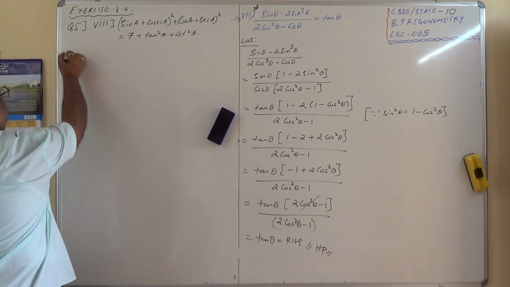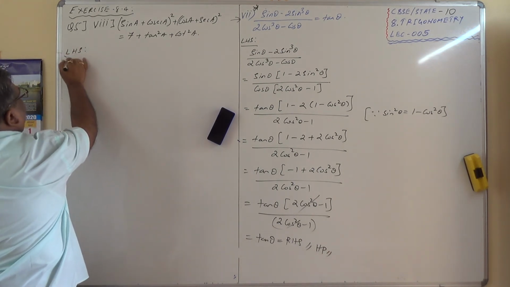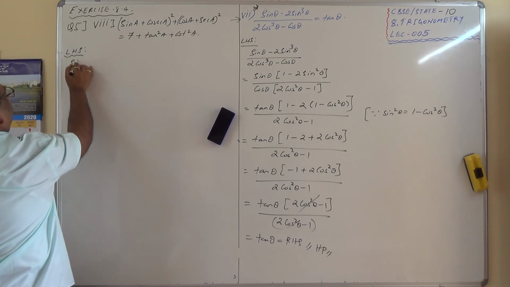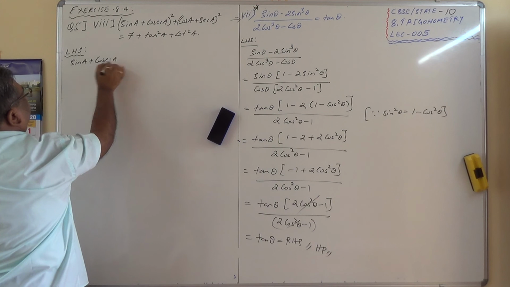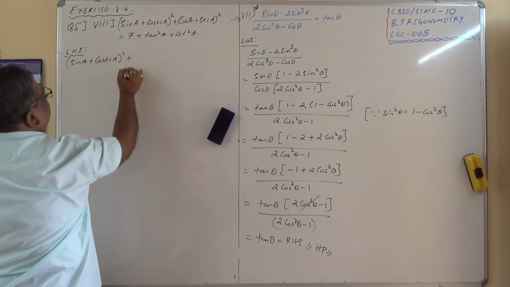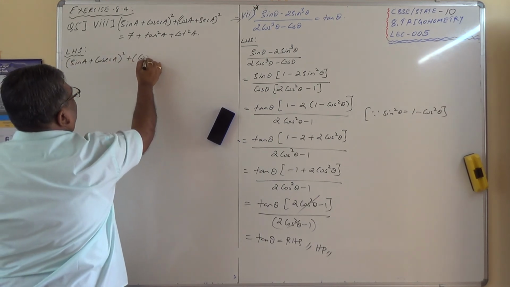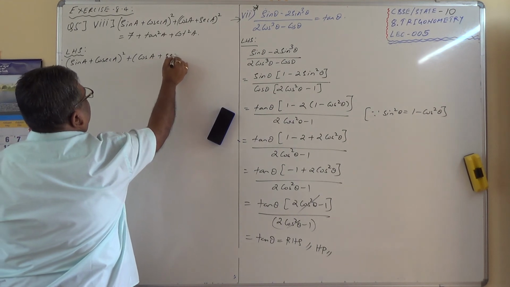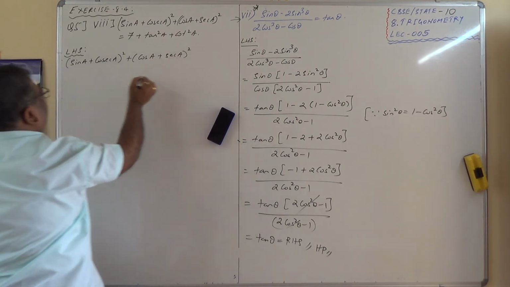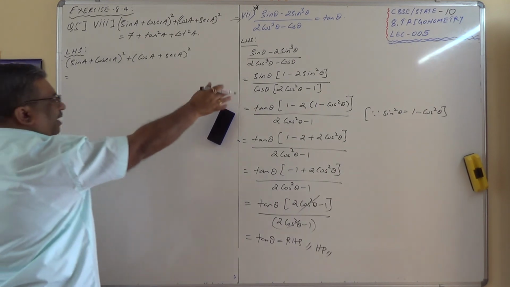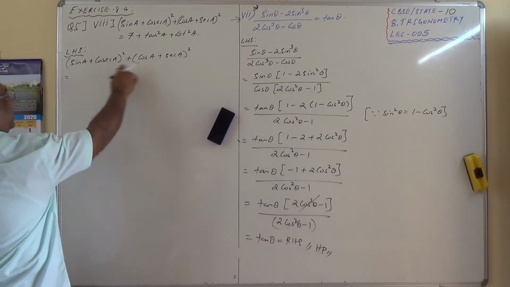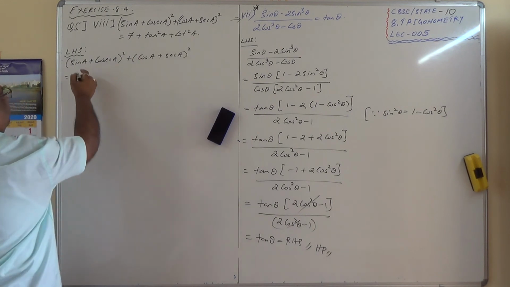So LHS: sin A plus cosec A the whole square plus cos A plus sec A the whole square equals, I am expanding this one now. I may erase this also. Space I require, so I will have to erase that. So expand this one.